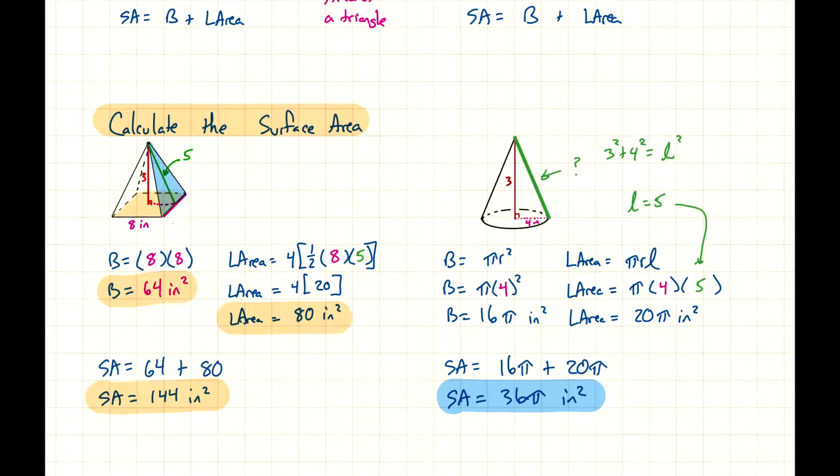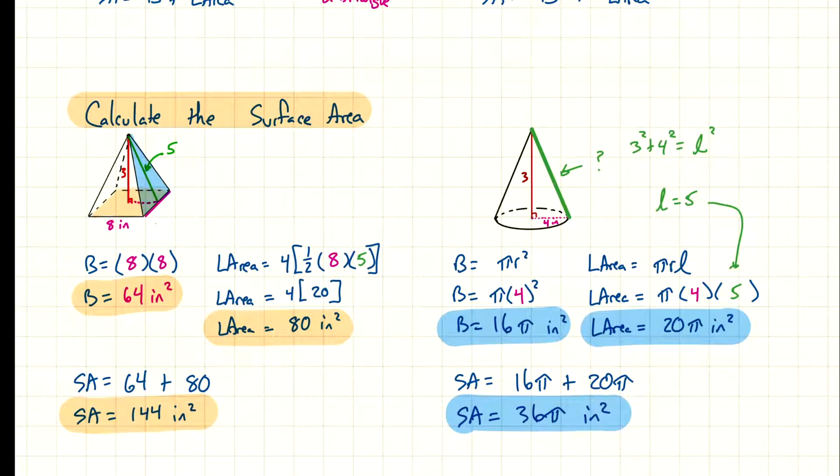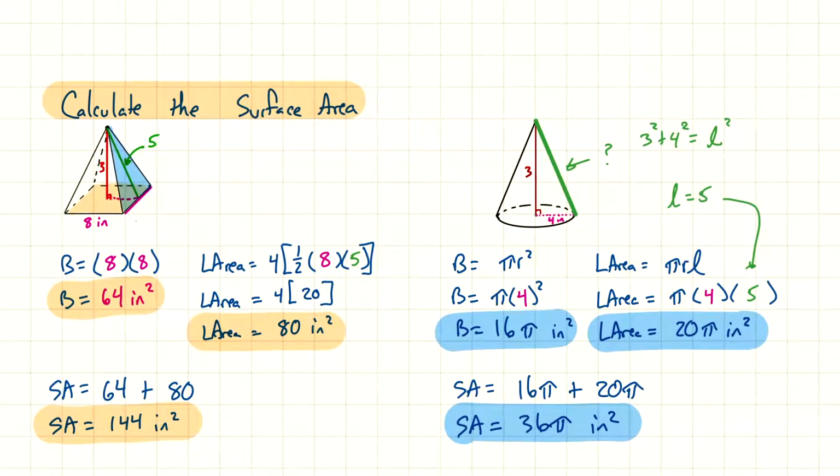All right. So we took our base area and our lateral area and we just added them together. So for both surface area of a pyramid and surface area of a cone, you'll notice the process is pretty much the same. This is just focusing on the right shapes, and you still need to know how to find the area of a circle, triangles, squares.